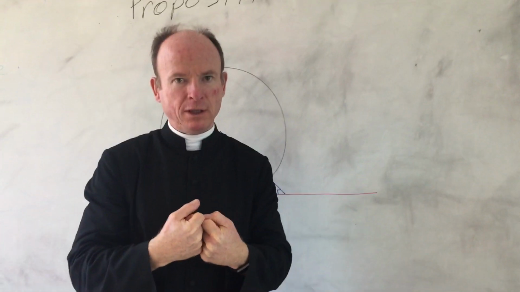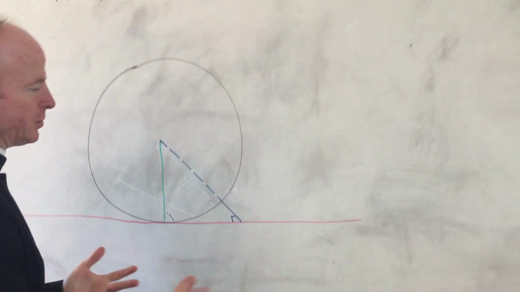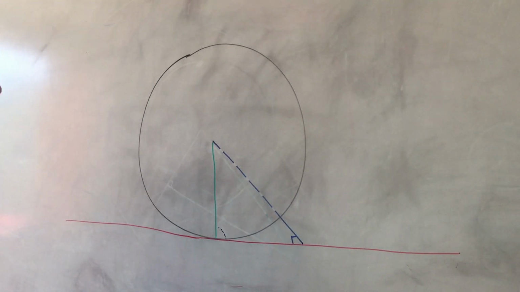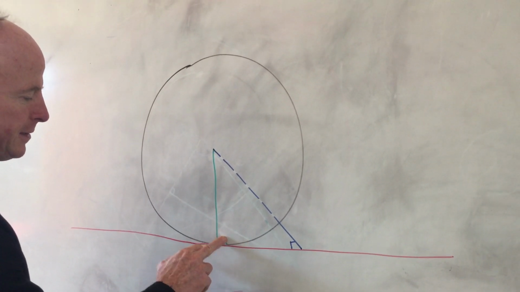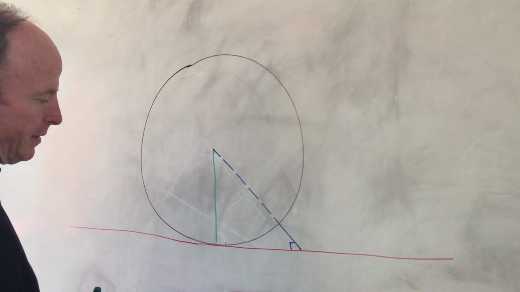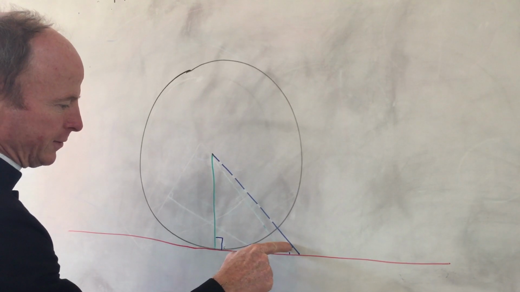Boom! Absurd. So everything was true and good and beautiful and logical about our argument here, so the first thing must have been a mistake. That is to say, that this is not at right angles is false. If it's false to say that it's not at right angles, it must be at right angles.